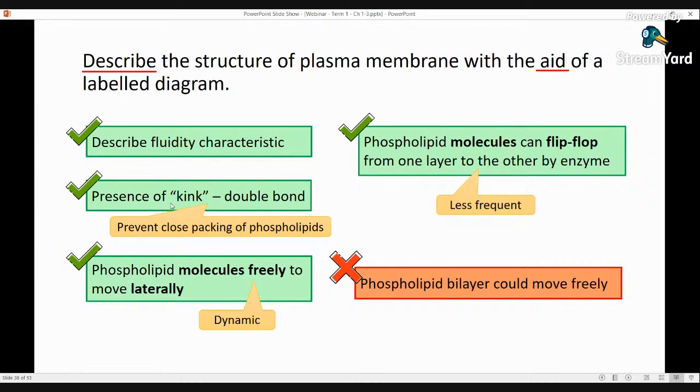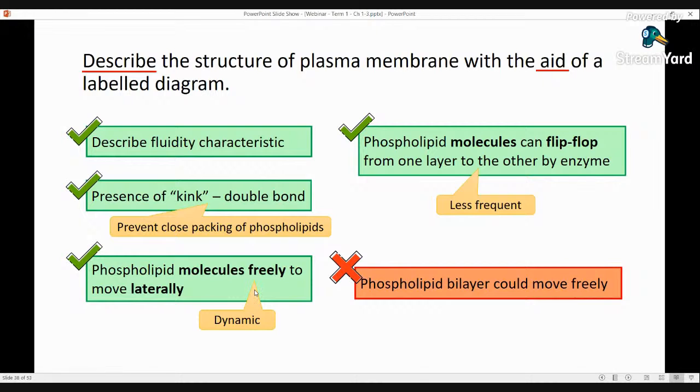The function of this kink or double bond in the fatty acid is to prevent close packing of phospholipids. So the phospholipid molecules are free to move laterally. This gives the dynamic nature of the phospholipid molecules. If you write that the phospholipid bilayer could move freely, this is wrong. Actually, it is the phospholipid molecules.